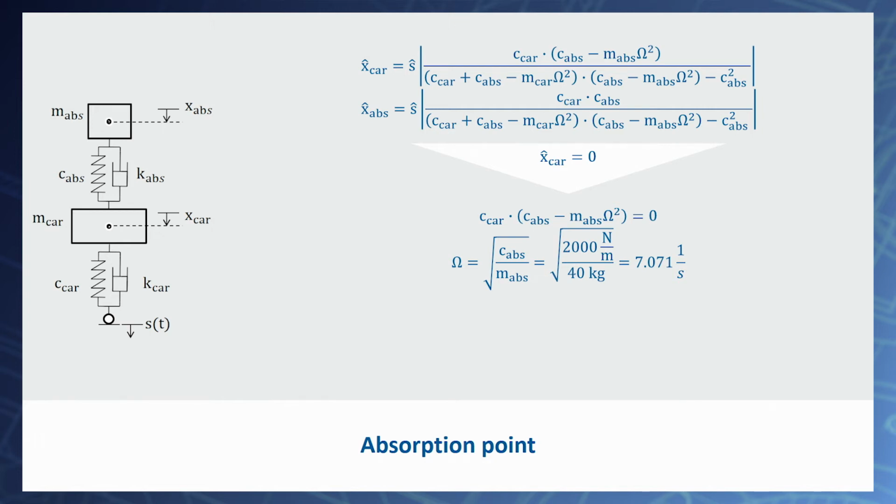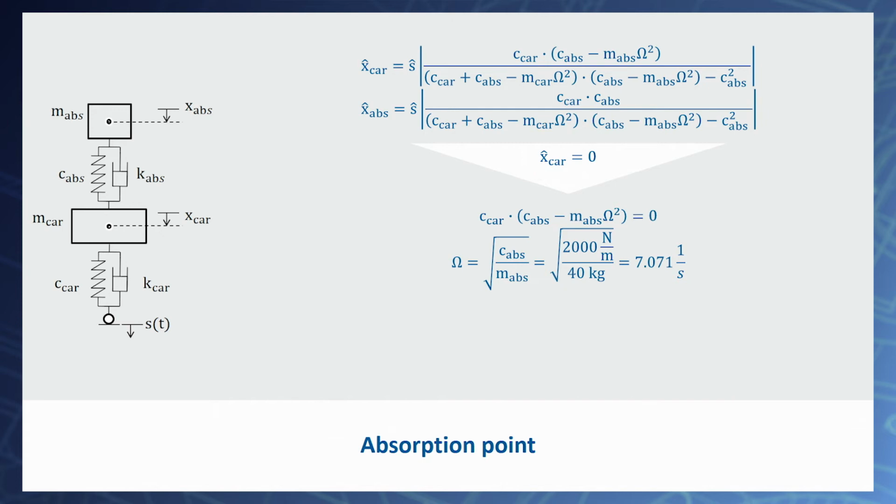This means that we can now solve for omega, and it means that given certain values for the spring rate of the absorber and the mass of the absorber, we can come up with an angular frequency which correlates to the fact that there is no motion, no vertical motion of the mass of the car.